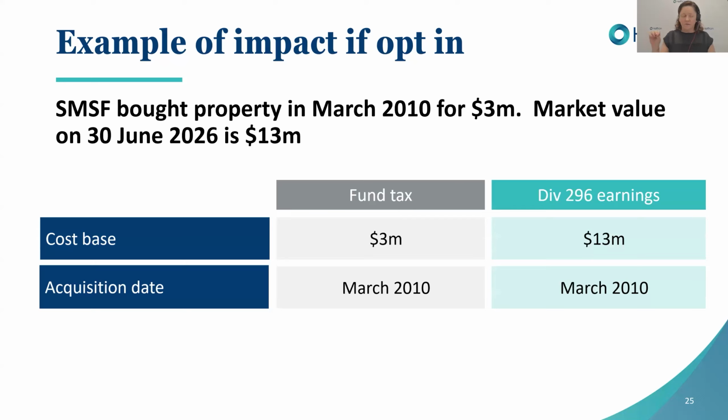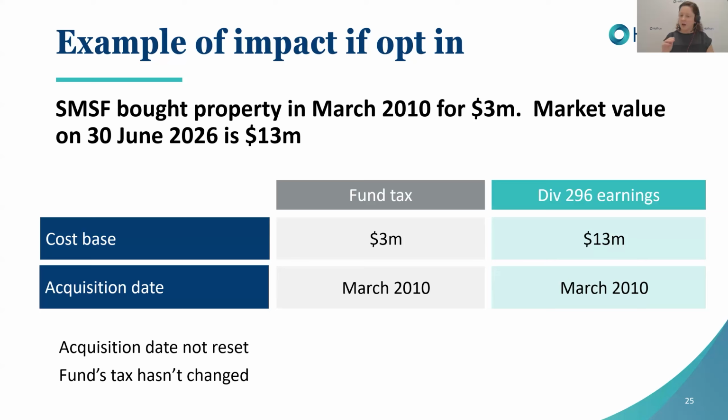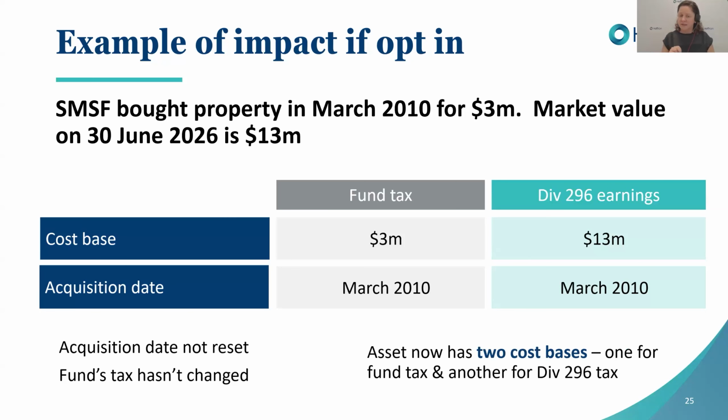Because we've opted in from the point of view of Div 296 earnings, the cost base becomes $13 million, but our acquisition date is still March 2010. We don't change the acquisition date. So the acquisition date's not reset. The fund's tax calculations haven't changed. But this asset now has two cost bases, one for fund tax and another for Div 296 tax.